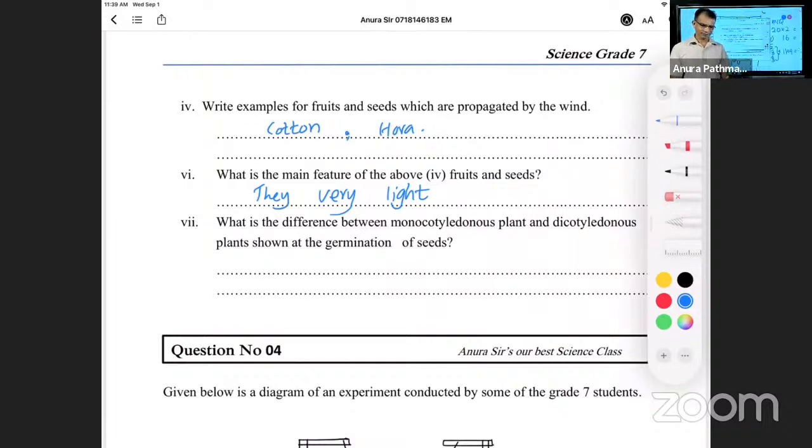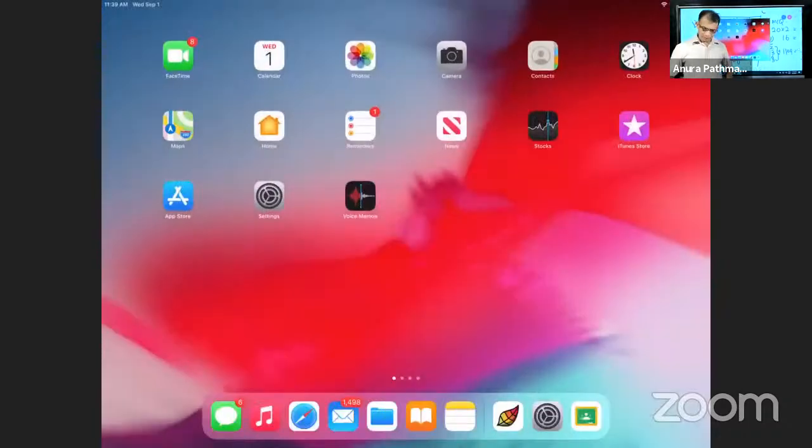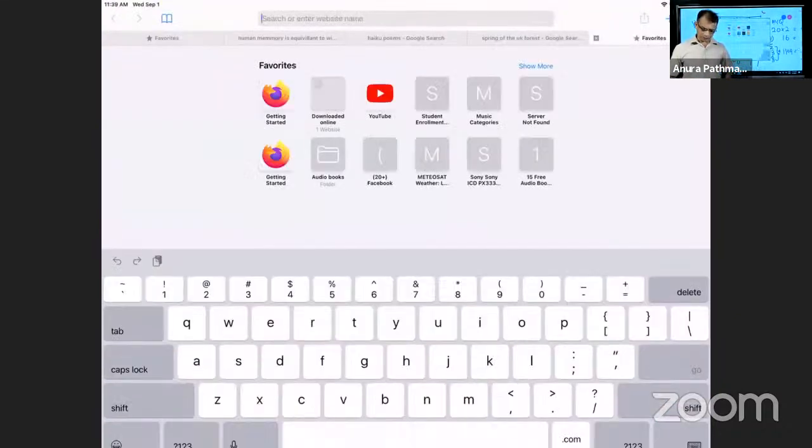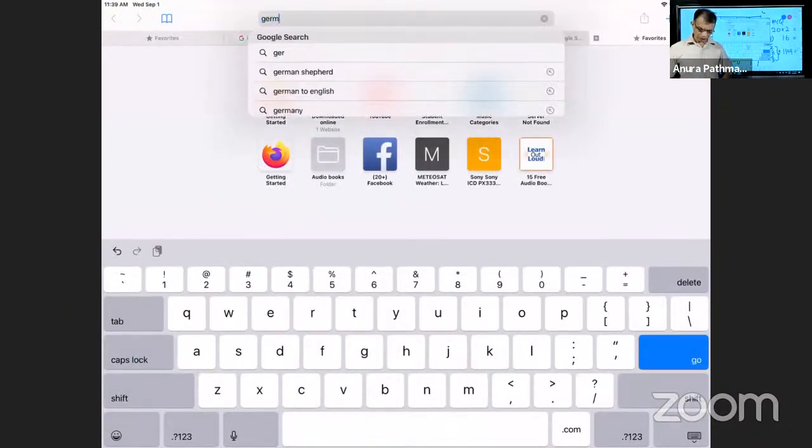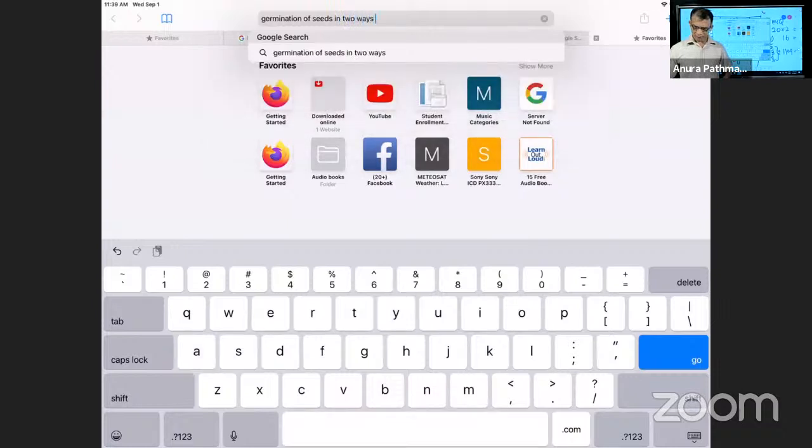Yeah, if you can remember the germination of seed in 2 ways, so hypogeal and epigeal. Very good, boy.